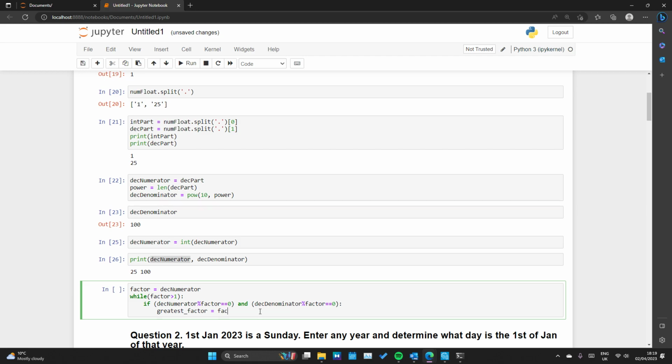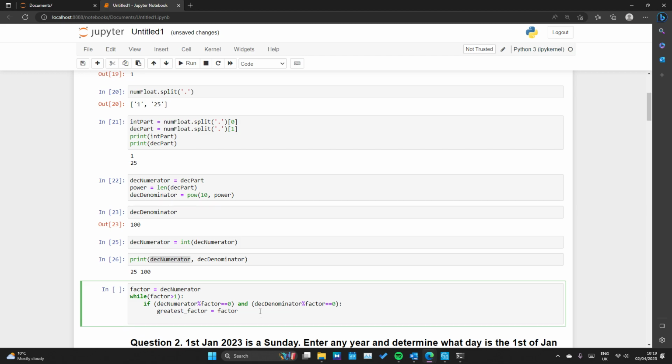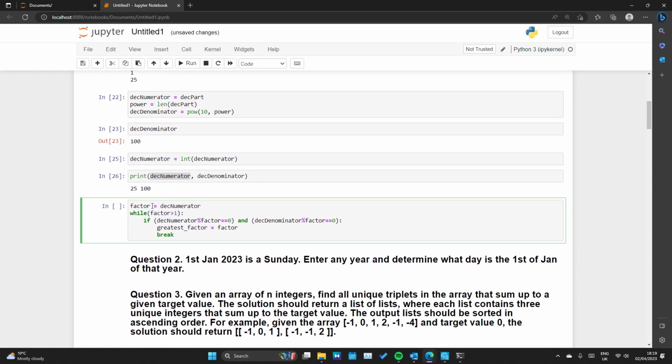So we can save it here as factor, and then we don't need to run the loop anymore, right, because we have found the greatest common factor. So we can just write break keyword here, and it will take the logic out of this while loop.